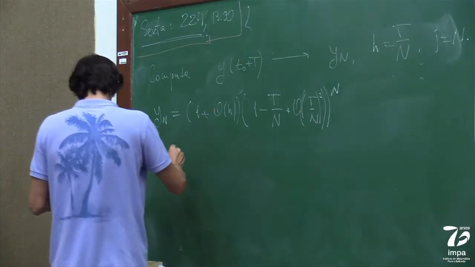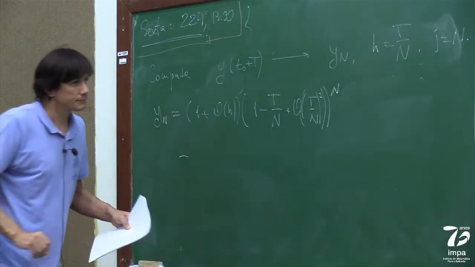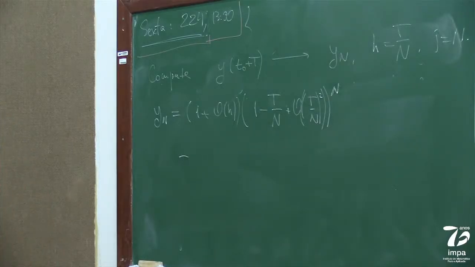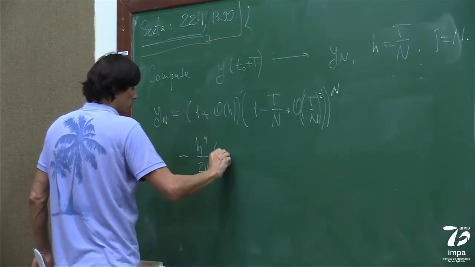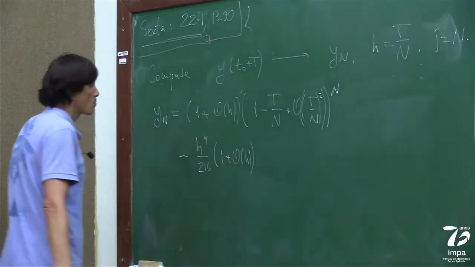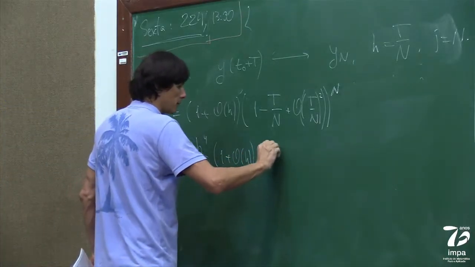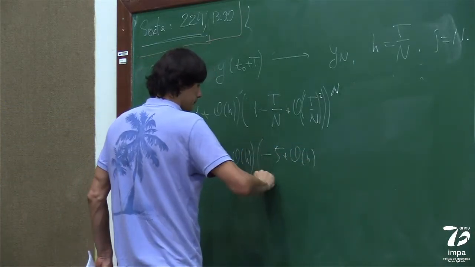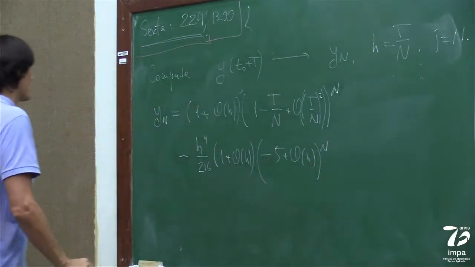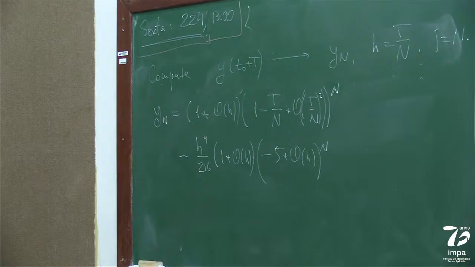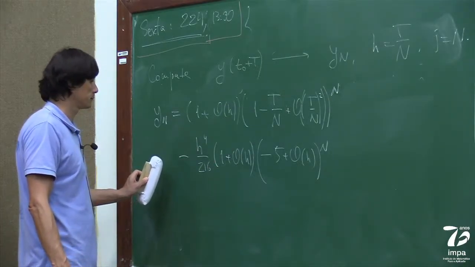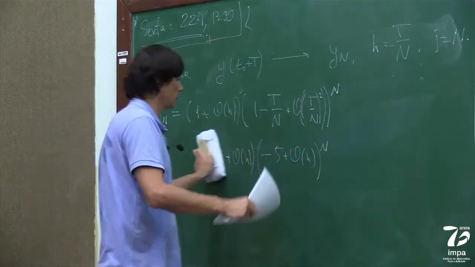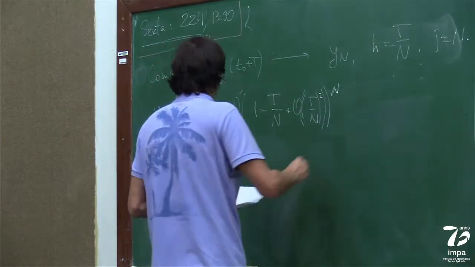And the next term is minus h over h4 216, and this 1 plus h, and then this minus 5 n. Let's put it in compact form here.